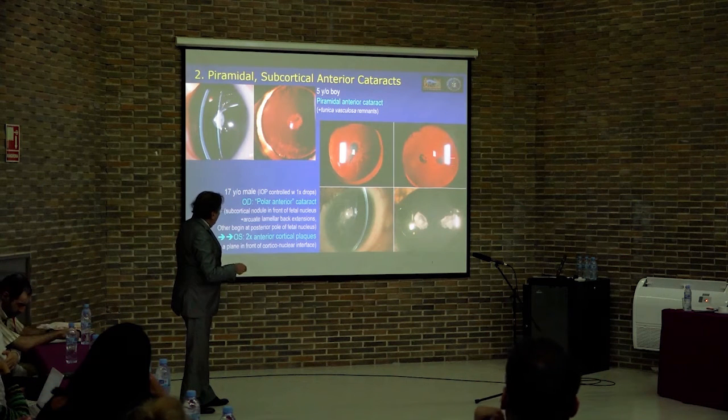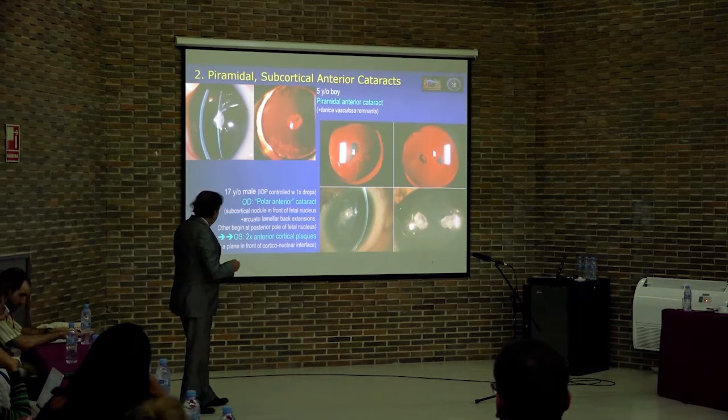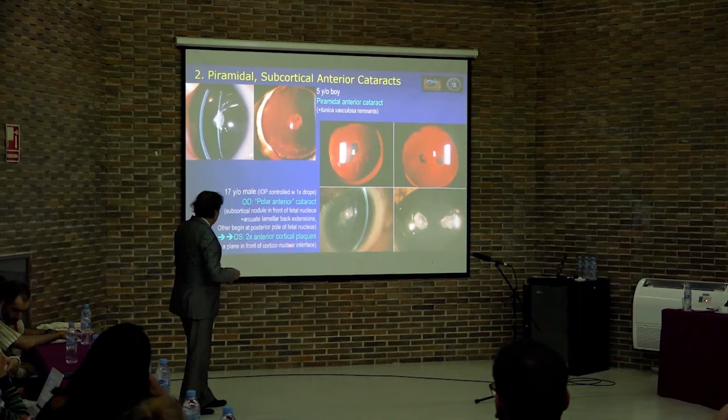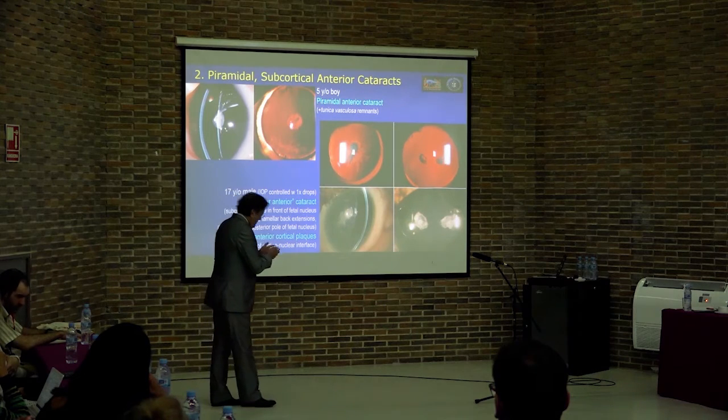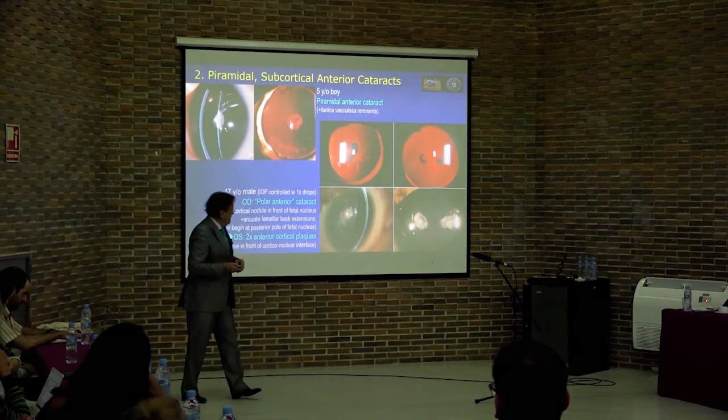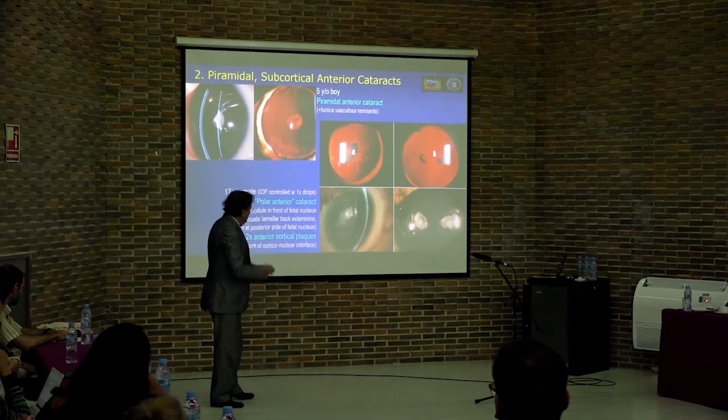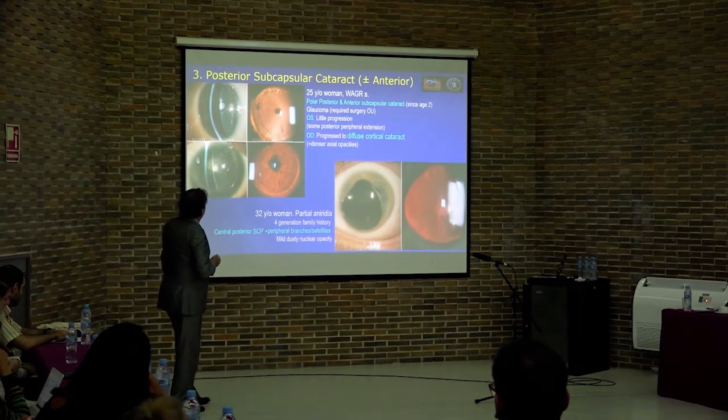In the other eye, there were two different plaques of cortical opacities in a plane just in front of the corticonuclear interface. It might be significant why these opacities develop in this particular place.